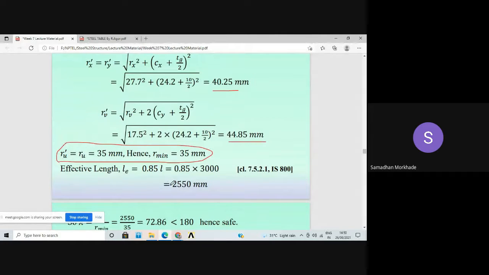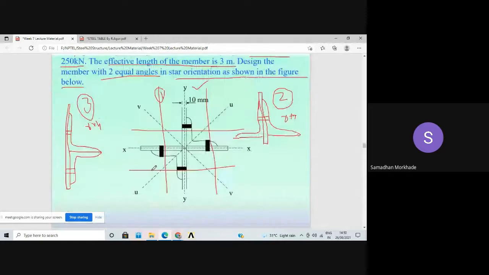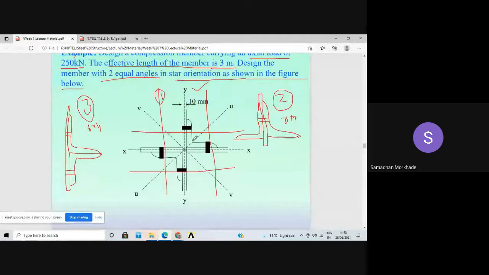Because if you observe this figure, for this angle this is x1, and for the second angle this is the x2 axis, and this is the main combined xx axis. Similarly, this is the main yy axis, this is y1, this is y2.